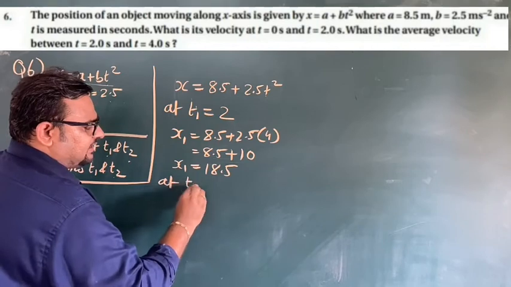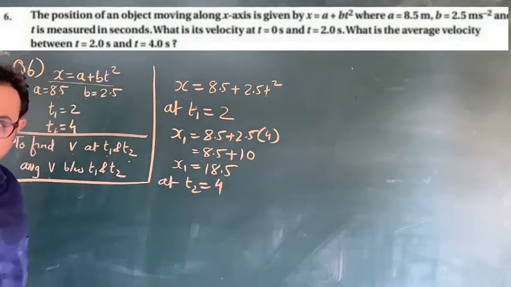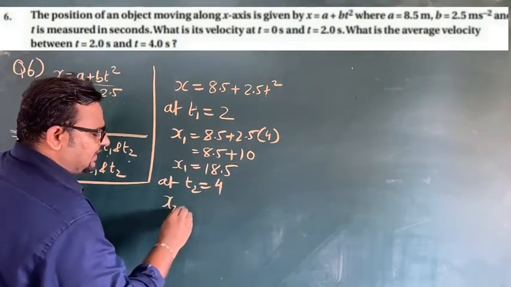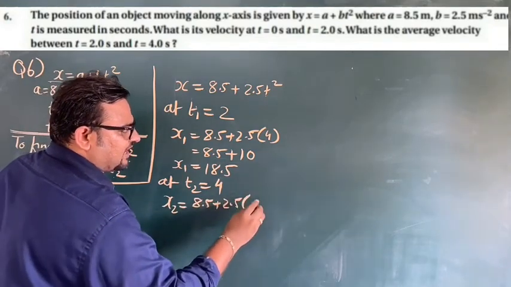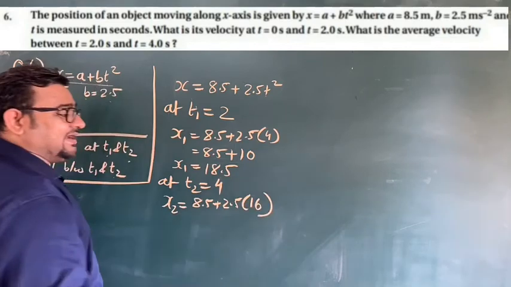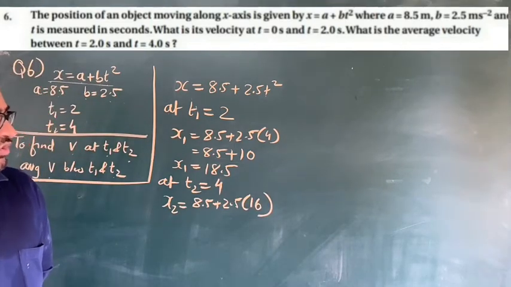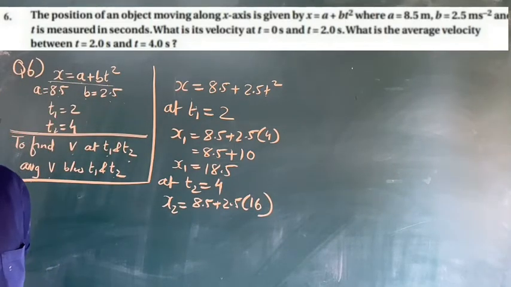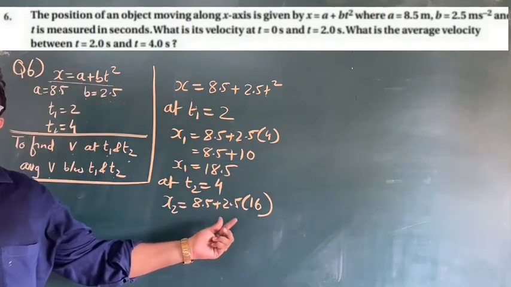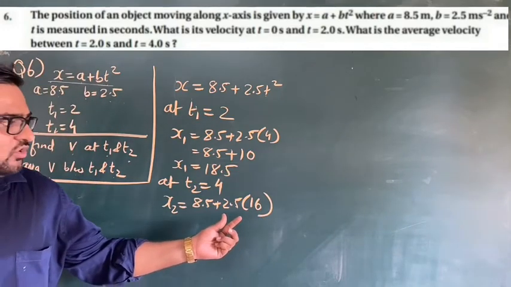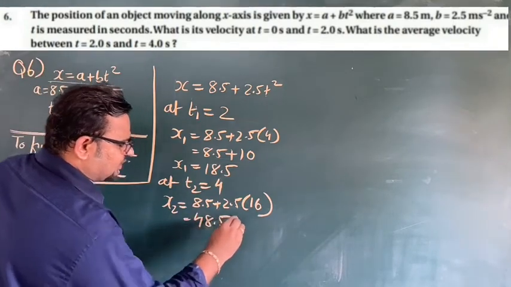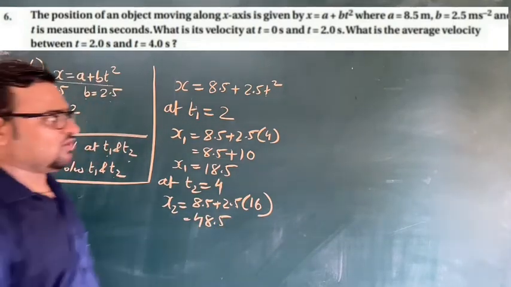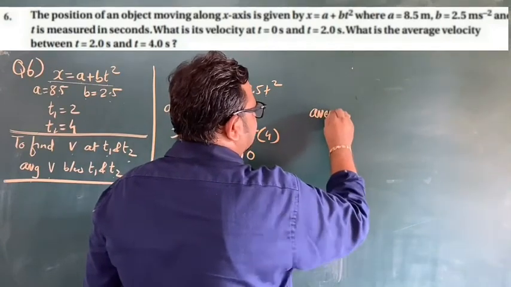And at t2 equal to 4, x2 will be equal to 8.5 plus 2.5 into 4 square, that is 16. So 16 into 2.5 will be 40. 40 plus 8.5 is 48.5.